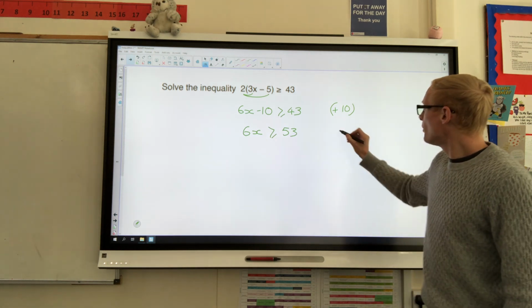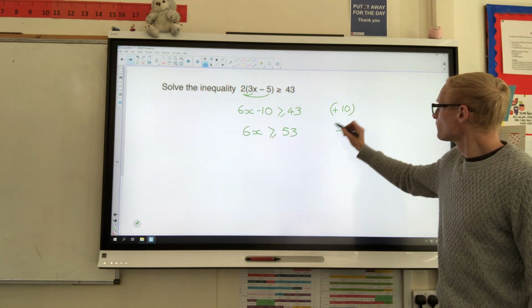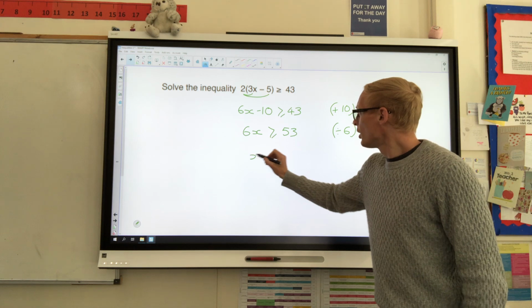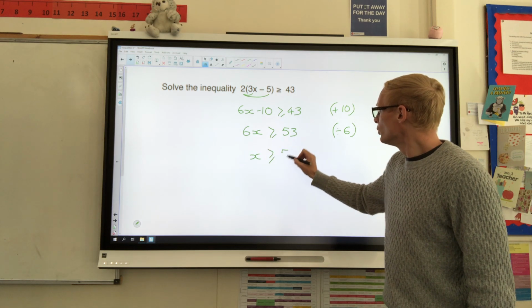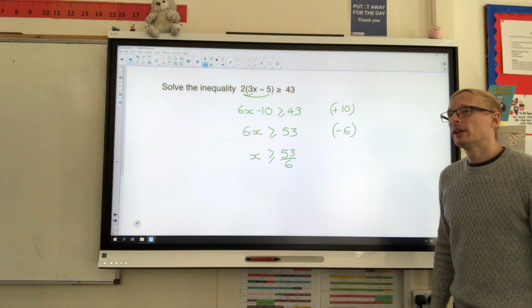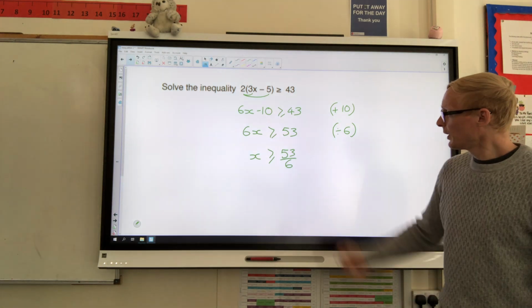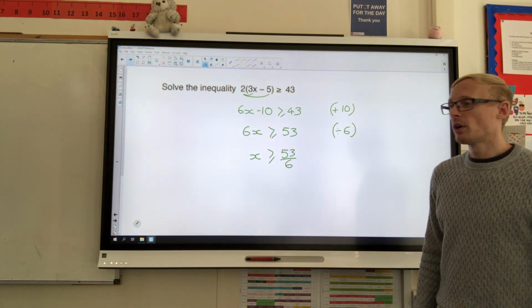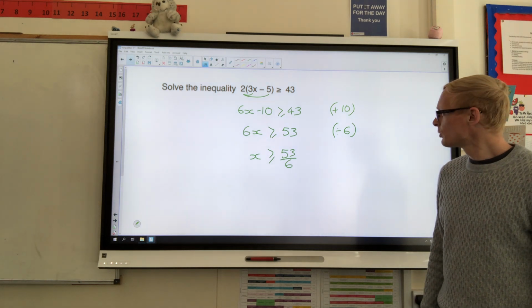And then you're looking to divide by 6. So we're going to write that as x is greater than or equal to 53/6. Now again, we can leave that as a fraction like that, as an improper fraction, or we could write it as a mixed fraction, or we could write it as a decimal.